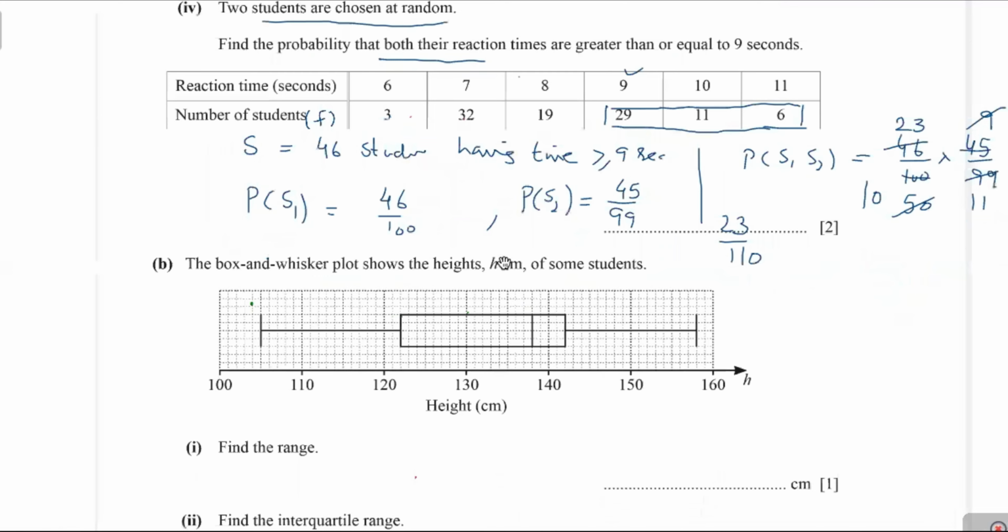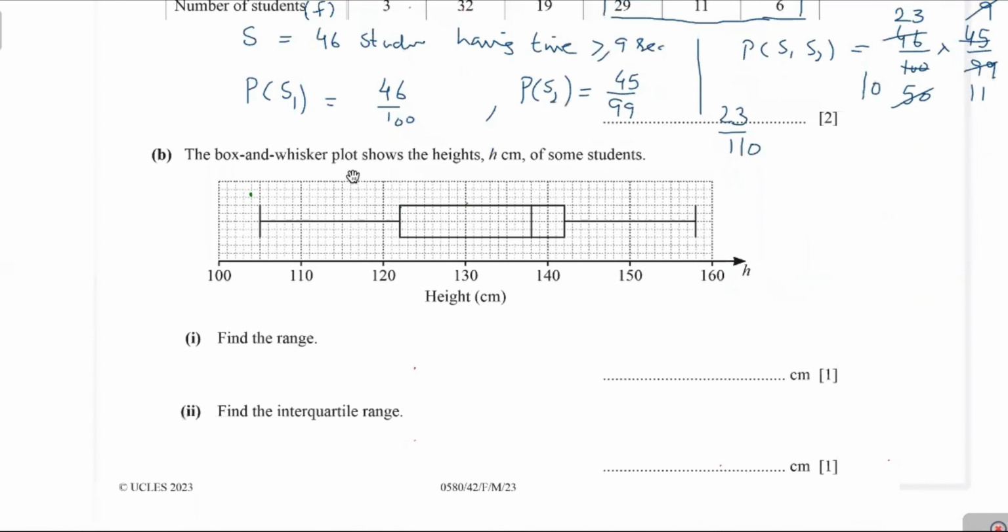Now part B. You see here the box and whisker plot shows the height in centimeters of some students, 100 to 160 student data given. Find the range. The range value is the maximum value minus the minimum value.